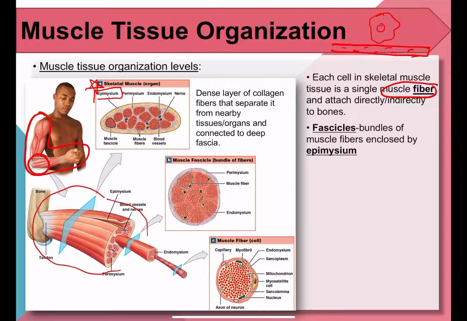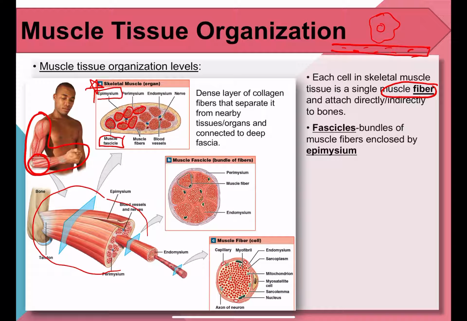So each one of these red circles you're seeing here within the big chunk of muscle is a muscle fascicle. Think of it as sounding like a little red popsicle encased within a bag. Okay, so that's what fascicles are. These red cylindrical tubes that make up your whole muscle piece.